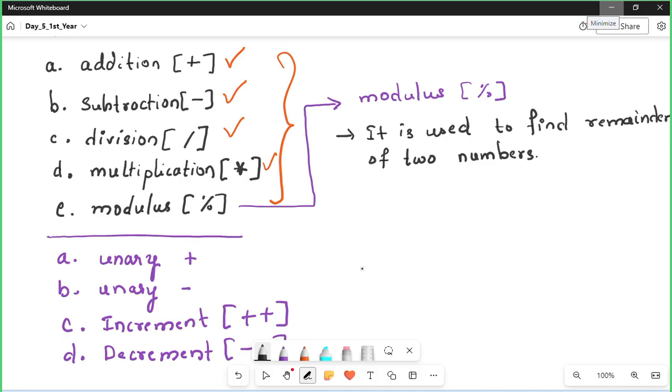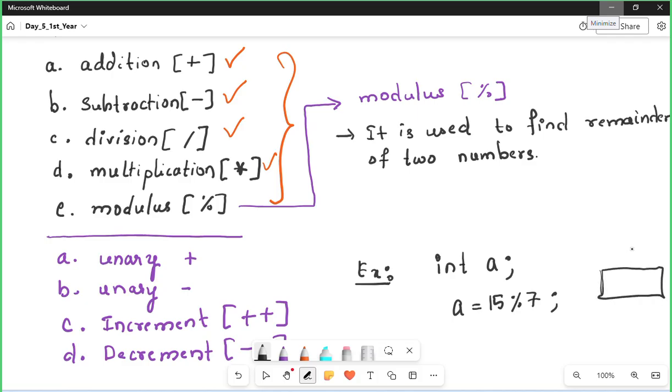Let's take an example. int a; a = 15 mod 7. If I do this operation, the variable a will contain the value 1, because the remainder of 15 mod 7 is 1. 15 divided by 7, 7 twos are 14 and 1 remains.